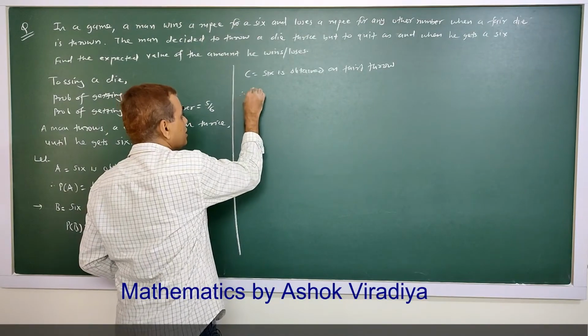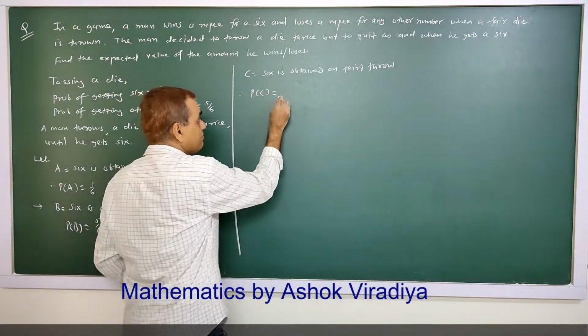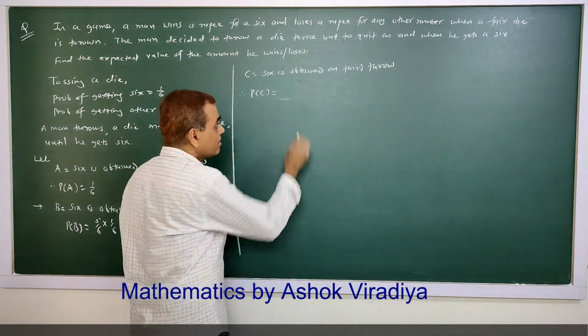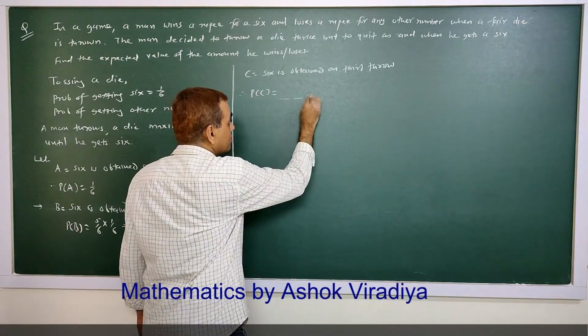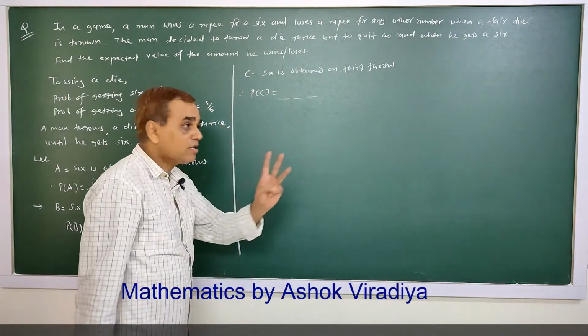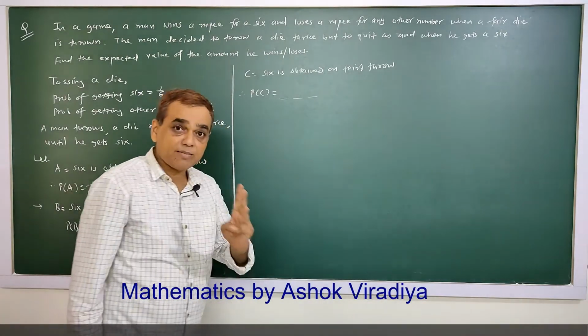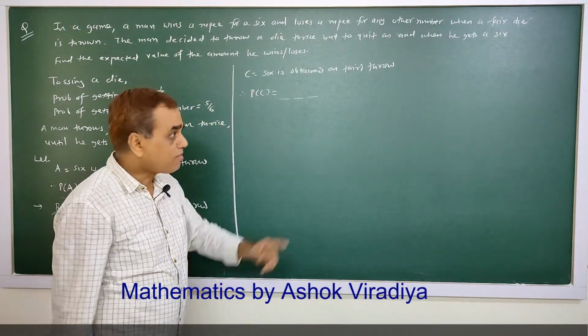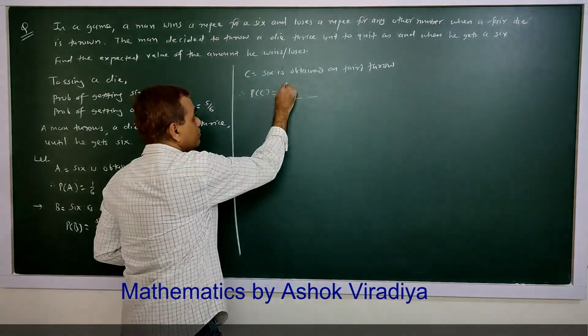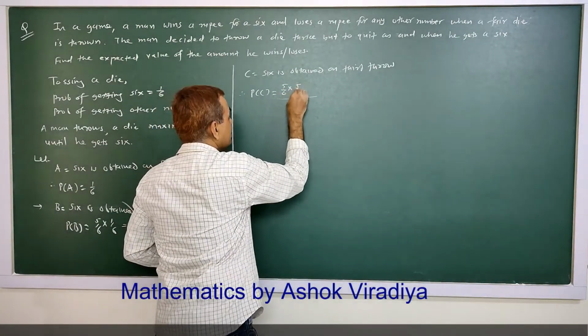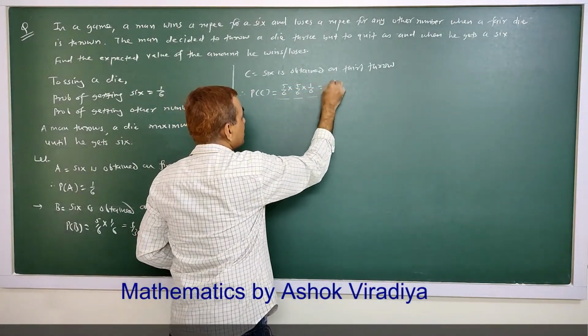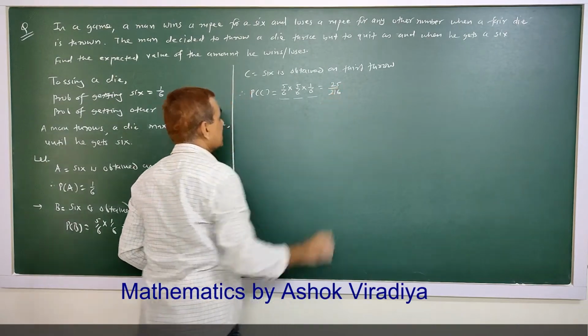So probability of this event is, see, first throw other number, second throw other number, third throw 6 is obtained. So occurrence of 3 independent events simultaneously. So probability of this event is 5 by 6 into 5 by 6 into 1 by 6. So 25 by 216.